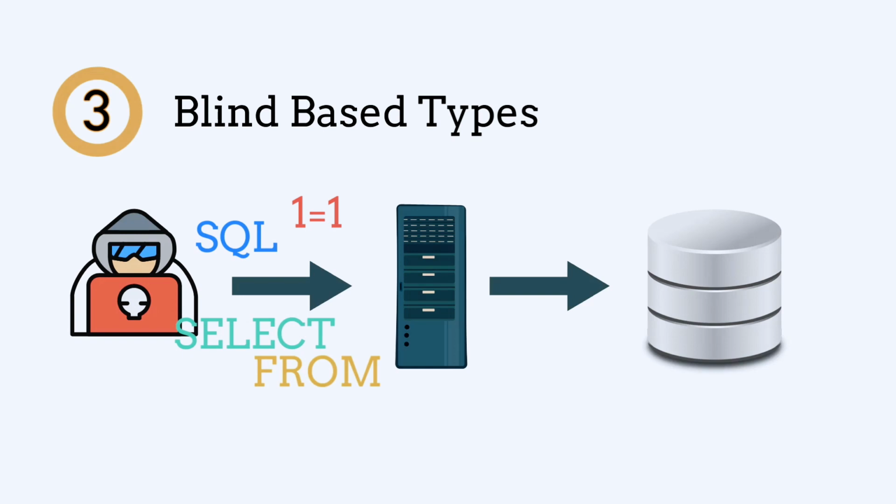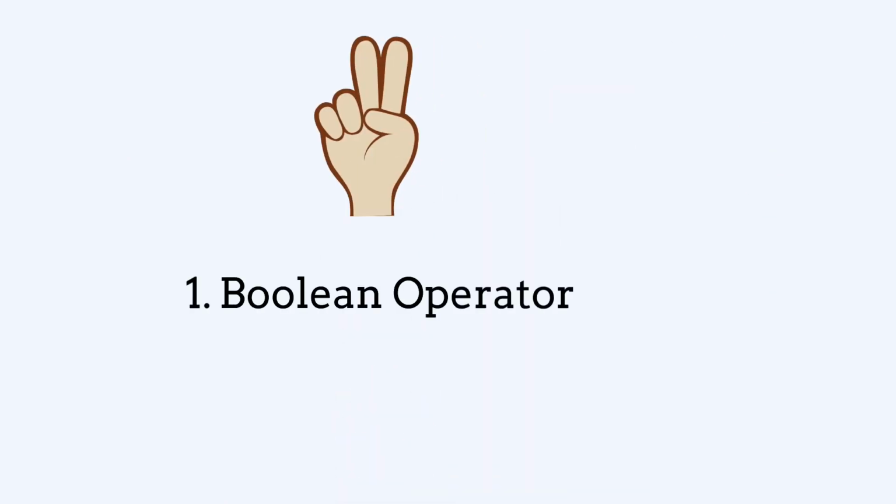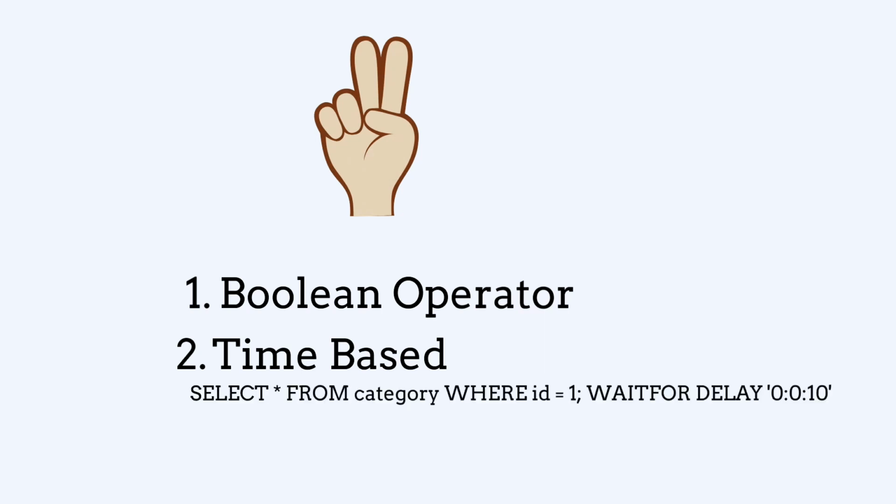This method is called blind because the database response is not returned to the attacker, and therefore the response is not seen by the attacker, and he or she must anticipate what's going to happen. And there's two variants of a blind-based attack. One is using a Boolean-based operator, and the other one is time-based, where a certain time delay is set.